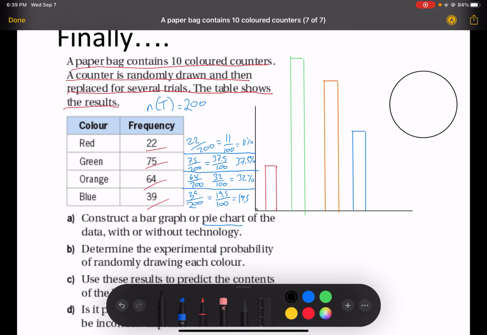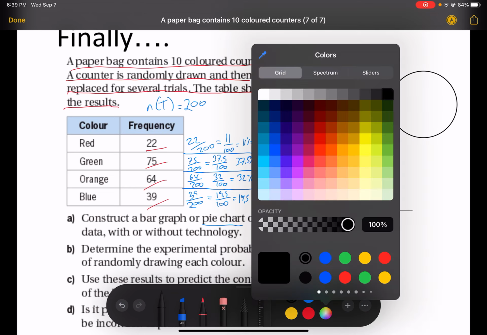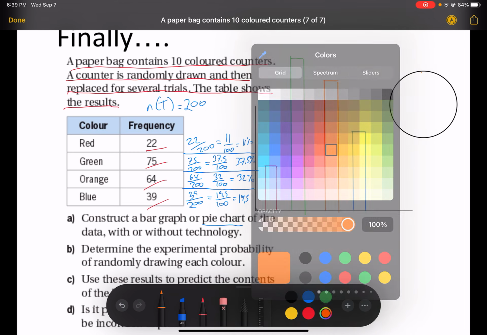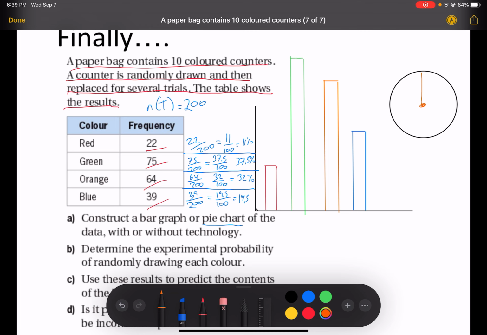And we have, that essentially looks like this. And let's see, 19%, so almost 20%. How do we do that? It's just almost a quarter, but just less than a quarter would be blue. 20% would be blue.